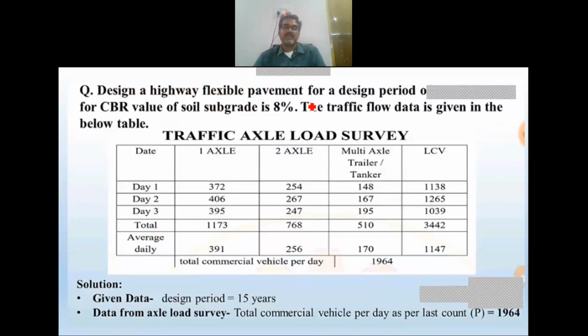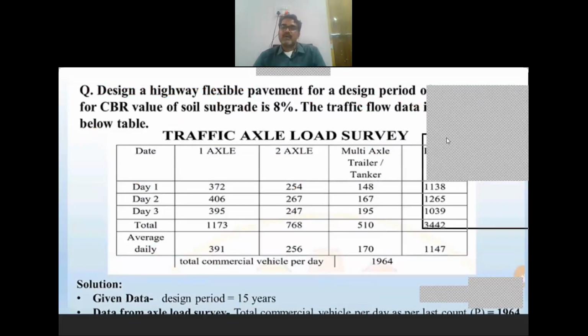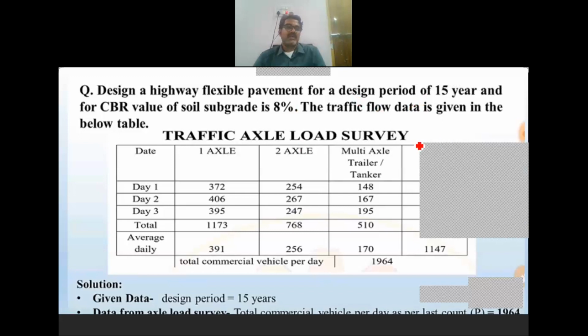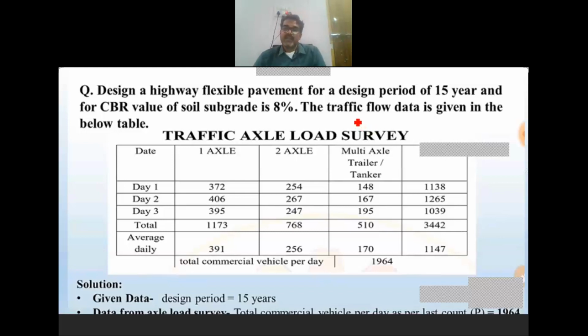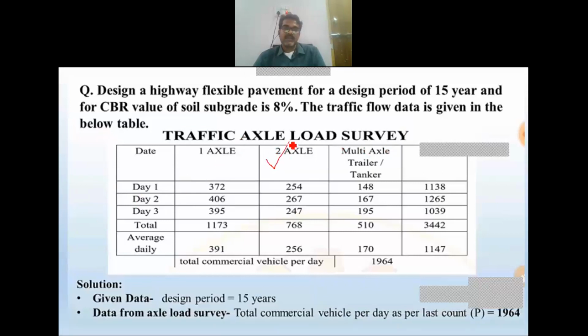Design a highway flexible pavement for a design period of 15 years and a CBR value of 8%. The traffic flow data is given in the table below. A traffic axle load survey was conducted for 3 days: single axle vehicles, two axle vehicles, multi axle vehicles, day 1, day 2, day 3.